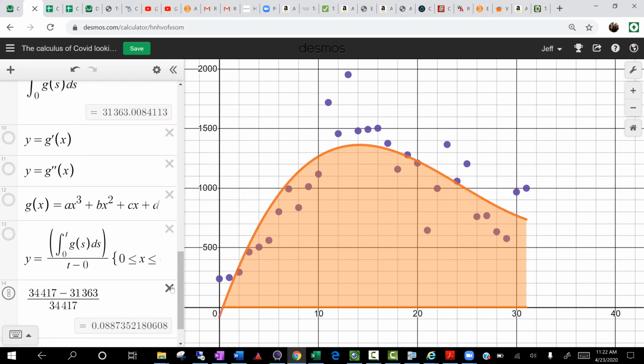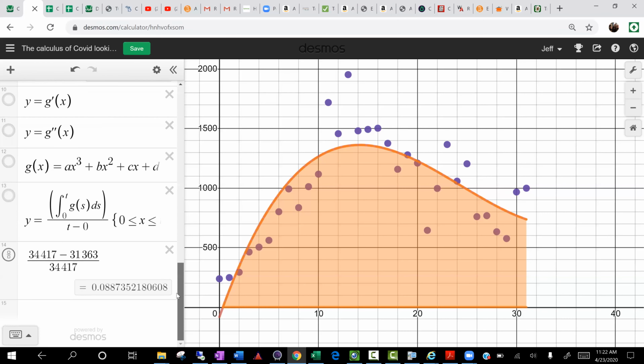You would have to divide the integral by the length of the interval. So it'd be 31 minus 0, or just 31. And that calculation is right here. So I take the integral and divide it by the length.